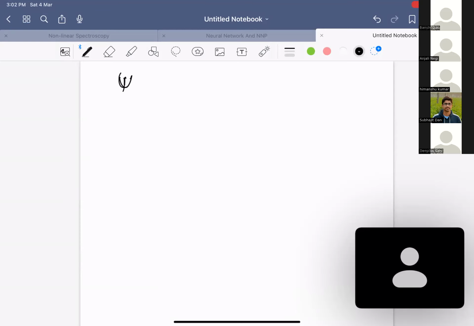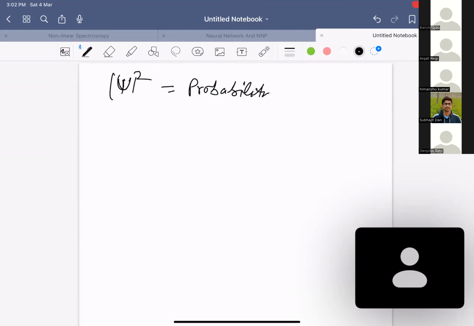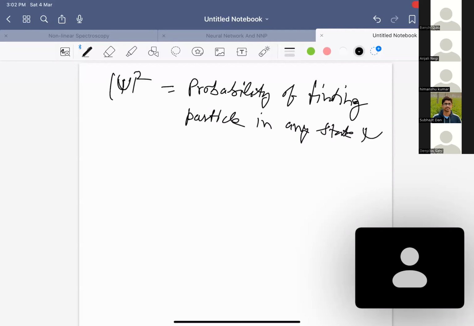This psi in quantum mechanics, you know that psi square tells us the probability of finding a particle in any state psi.